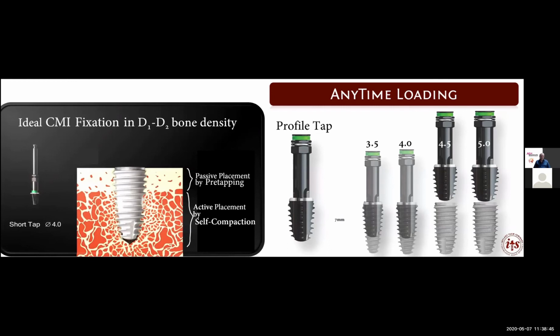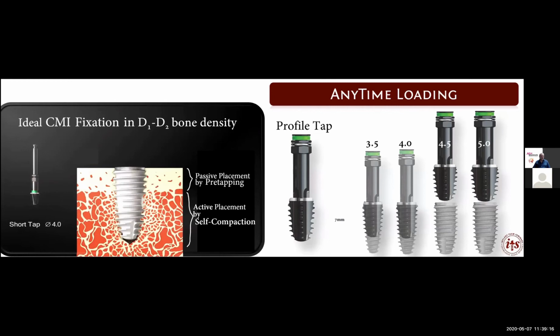The 3.4 drill is only through the dense cortical bone, and then the cortical bone is pre-tapped with a 4 millimeter short tap. The cancellous bone is under-drilled to 3.4 millimeters for a 4 millimeter diameter implant. And then the threads of the profile tap fit the threads of the implant.